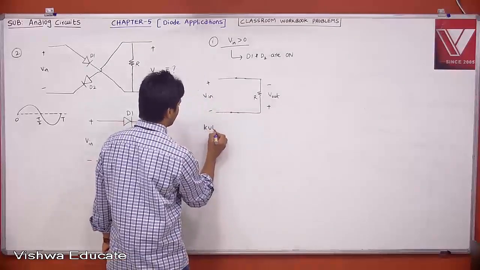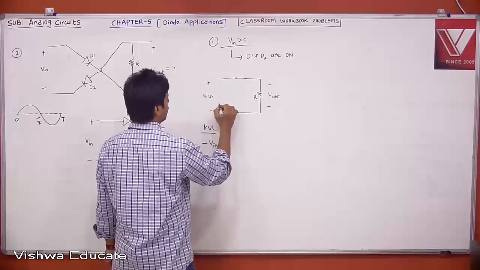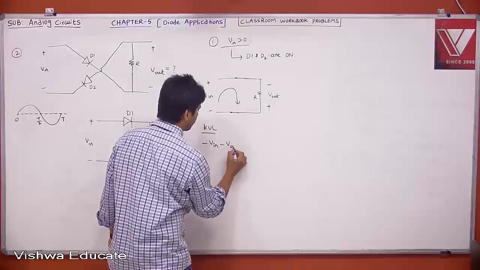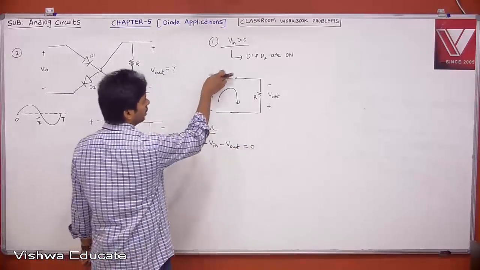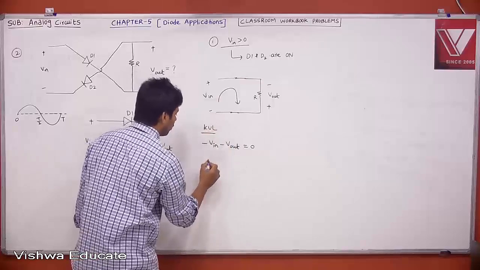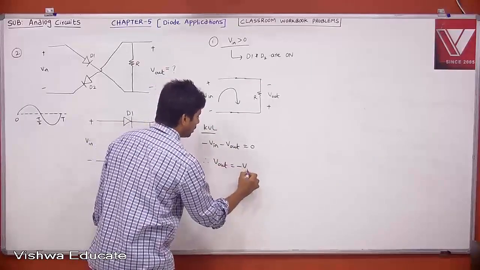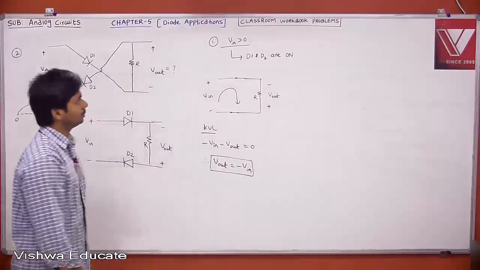What is your KVL equation? Minus V in minus V out is equal to 0. Therefore, your V out is equal to minus V in. You got to know what V out is with respect to V in.